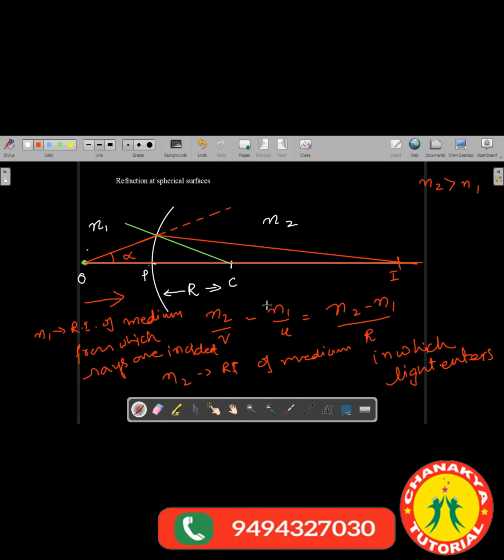Lens maker's formula. It relates the refractive index with the radius of curvature for a given lens.